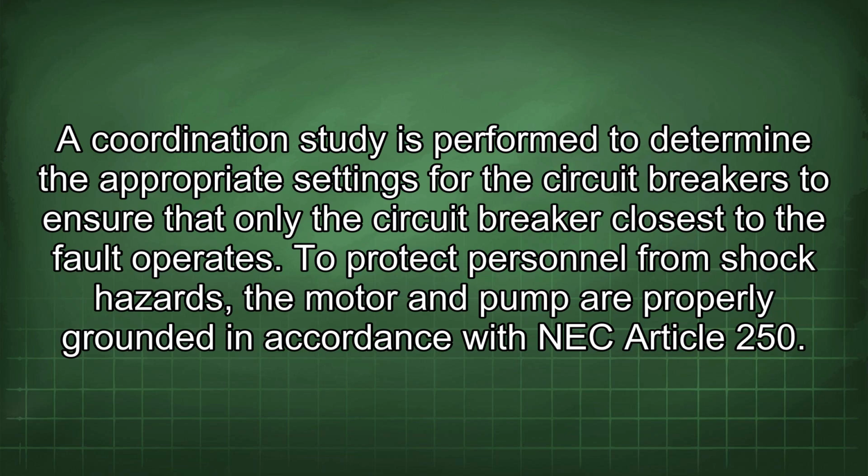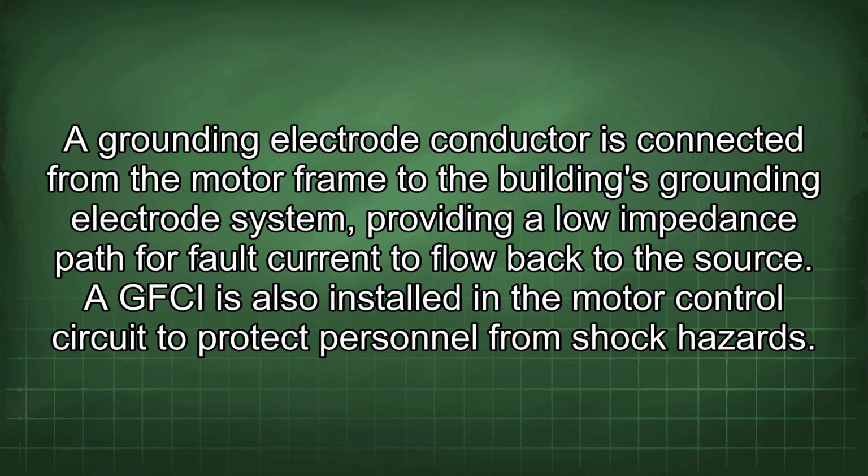To protect personnel from shock hazards, the motor and pump are properly grounded in accordance with NEC Article 250. A grounding electrode conductor is connected from the motor frame to the building's grounding electrode system, providing a low impedance path for fault current to flow back to the source. A GFCI is also installed in the motor control circuit to protect personnel from shock hazards.